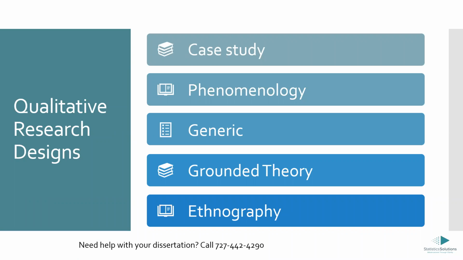And the last two are less common, but I do see occasionally. So the case study, phenomenology, generic studies, those are pretty common. Grounded theory and ethnography are less so, just because they are situated pretty squarely in particular disciplines.